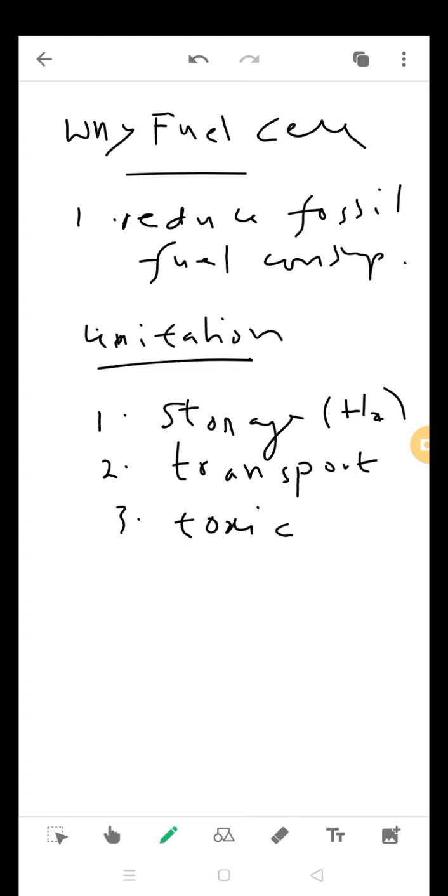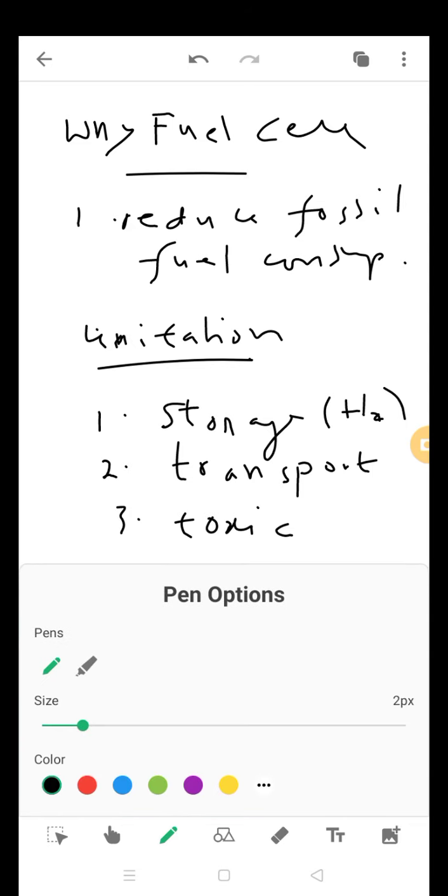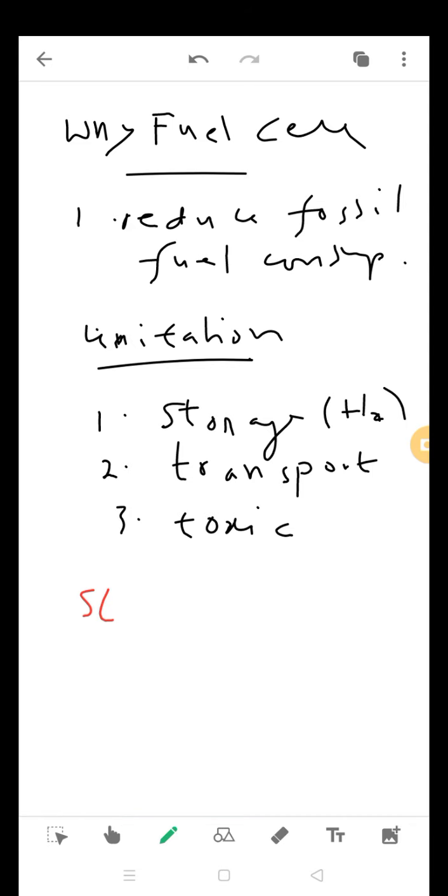Now, there is another type of fuel cell, in fact the most used fuel cell, called SOFC, or solid oxide fuel cell.